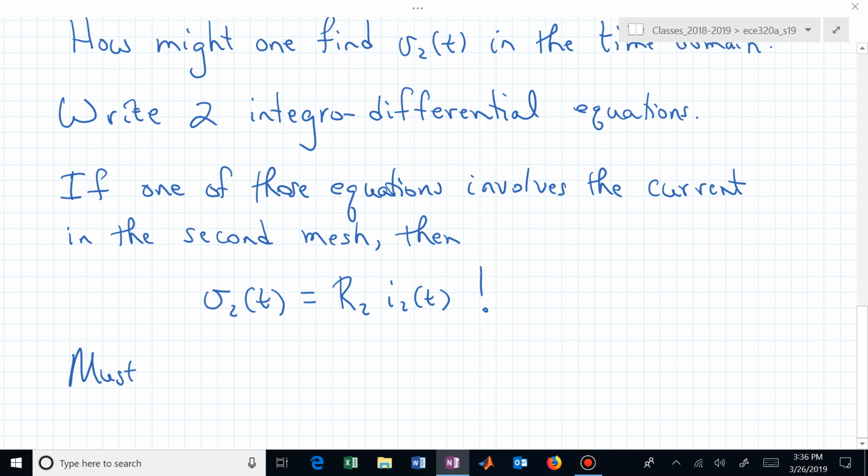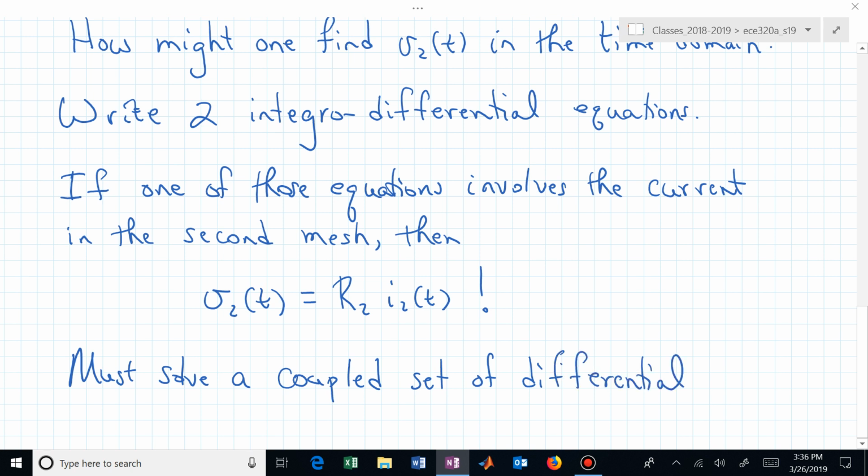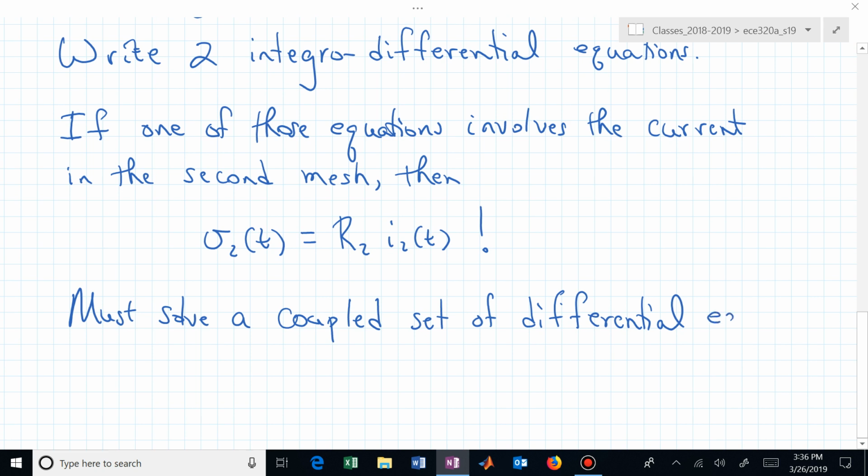We must solve a coupled set of differential equations.